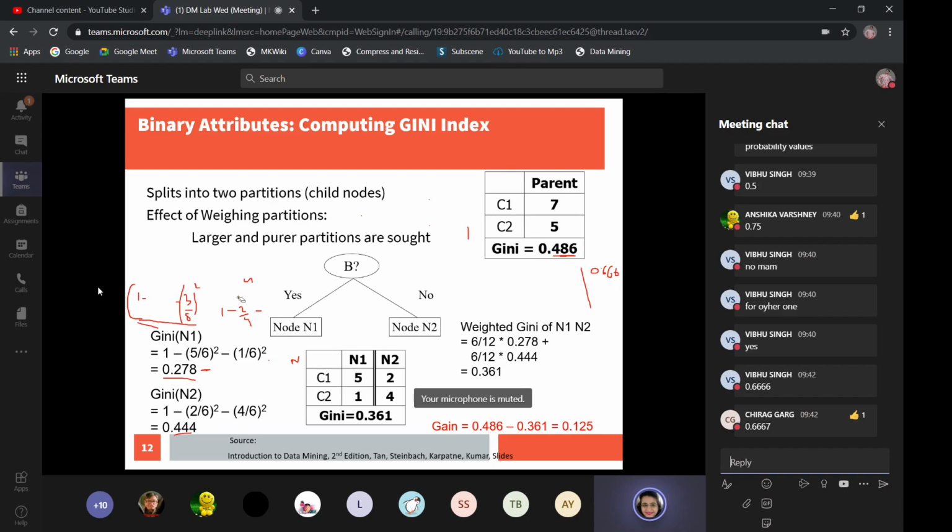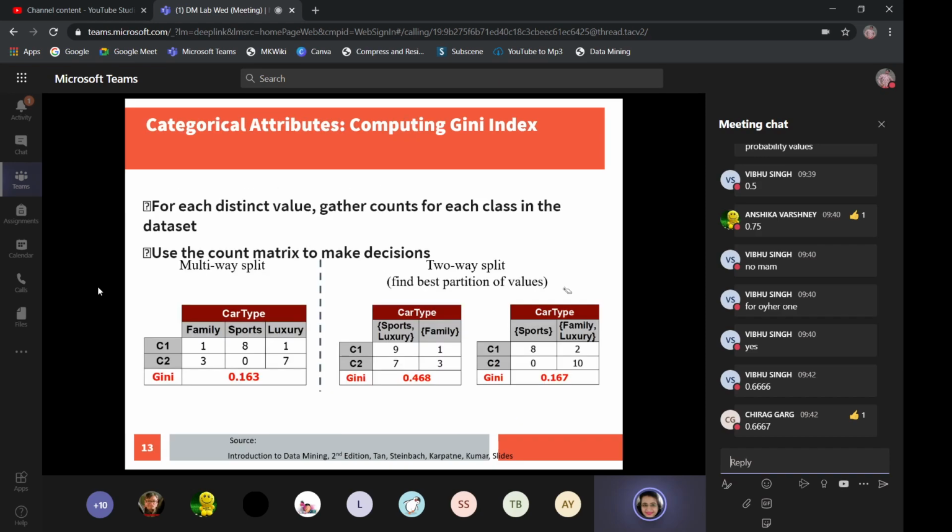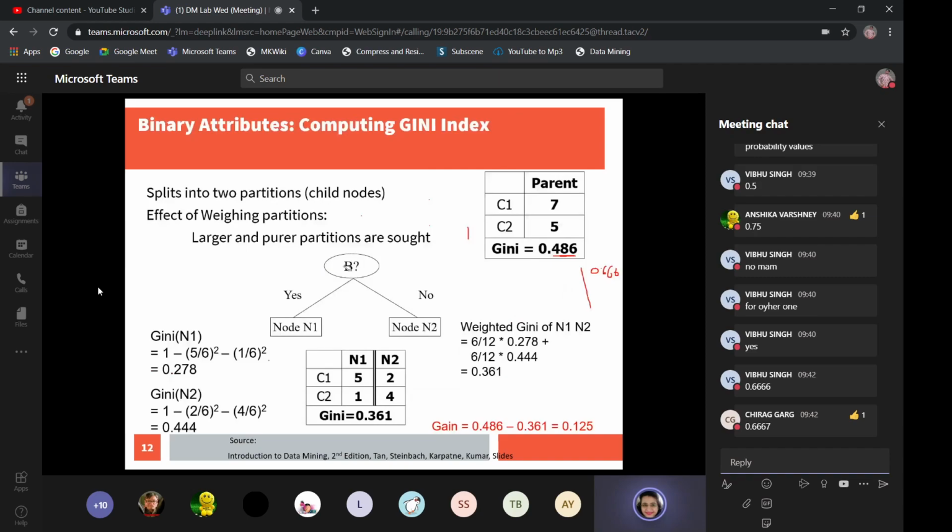I think there is some mistake, you've made some mistake. 1 minus we have done. Because it cannot be larger than this gain. It cannot be larger than this gain. Are you sure it is 0.666?